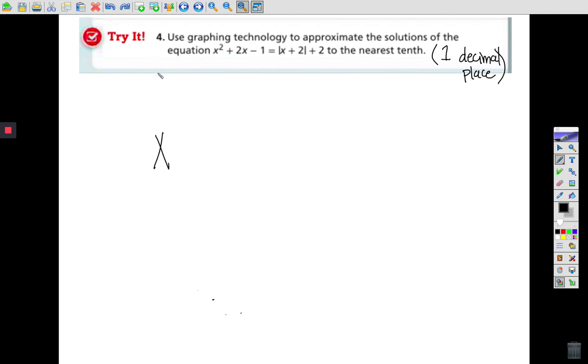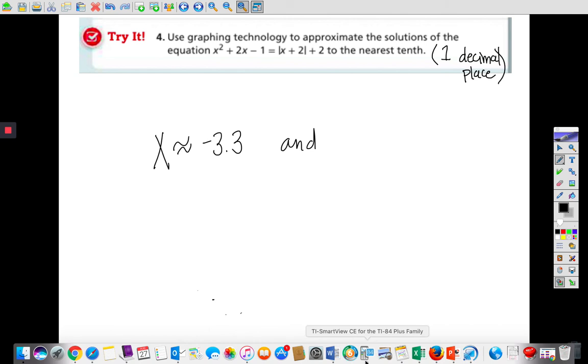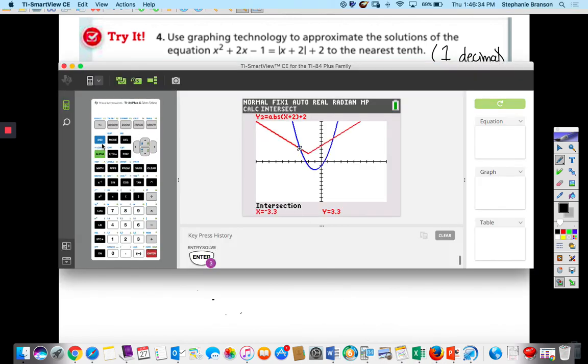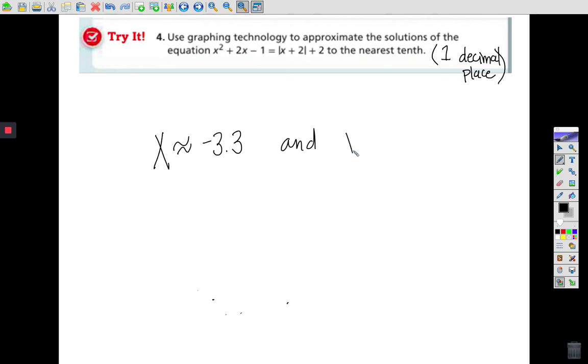Not equal, approximately, because we're doing some rounding. Second trace 5, go to the other side. And I got approximately 1.8. So x is approximately 1.8.